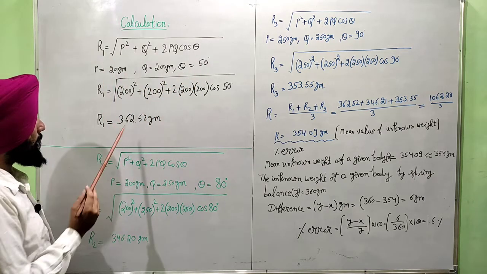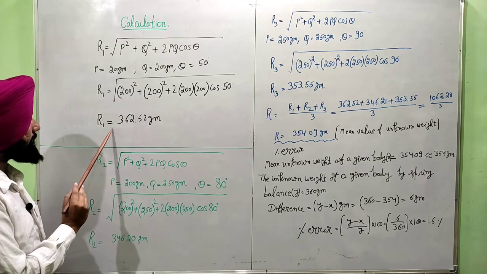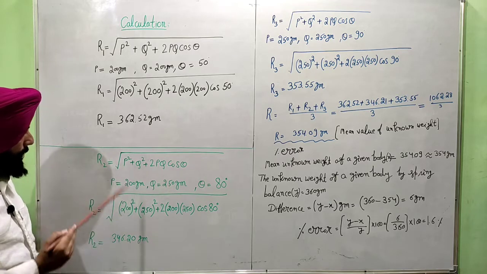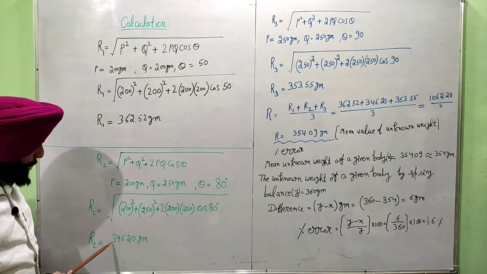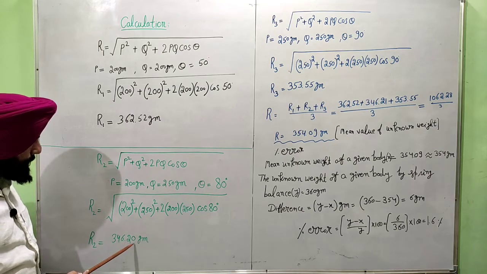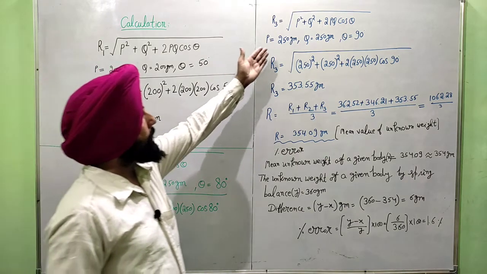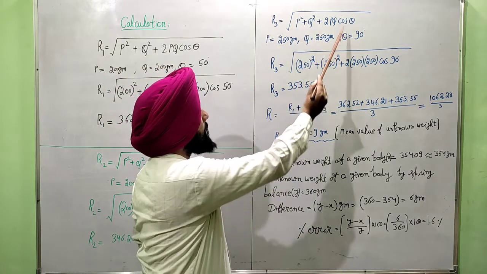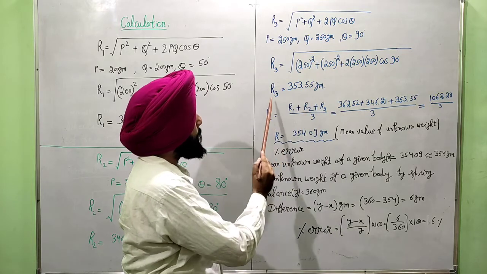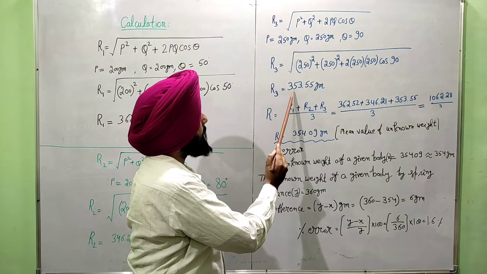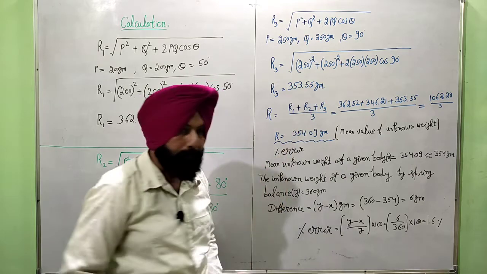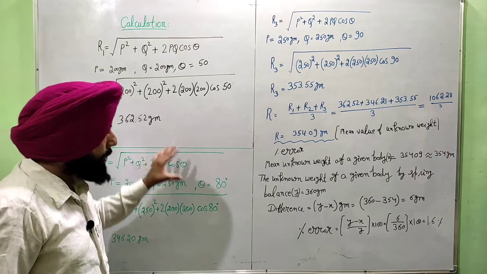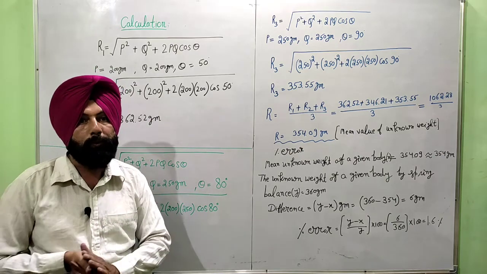After putting the value I get the result R1, that is 362.52 gram. Similarly for the second case R2 is 346.20 gram, and for the third case P is 250, Q 250 gram, theta 90. After putting the value R3 equal to 353.55 gram. We have found the values of R1, R2, R3 by the calculated method using the formula.